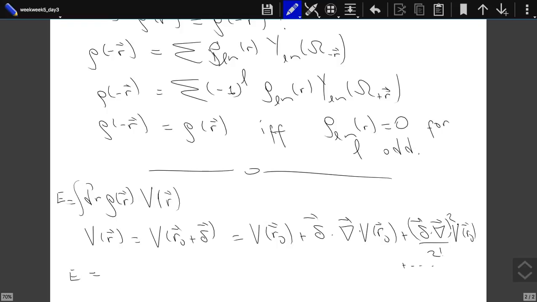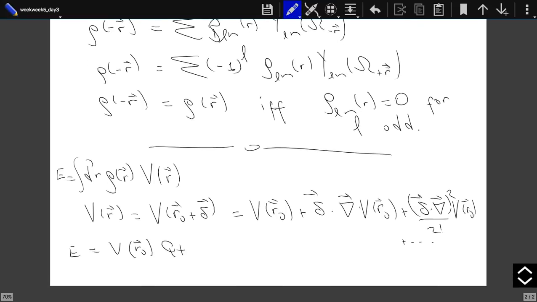You can just take them out of those integrals. And by just some rearrangement, you will see that E is nothing but V of R0 times Q plus E dot P, E at the point R0, the dipole moment, plus other terms.